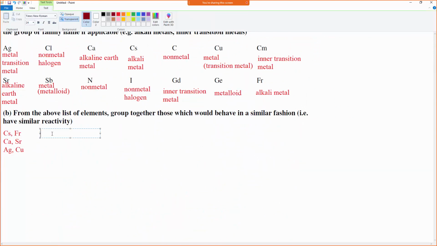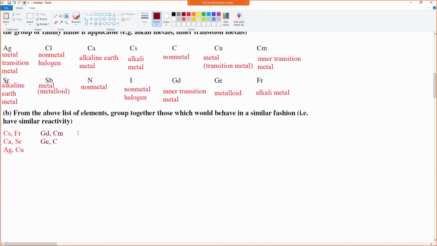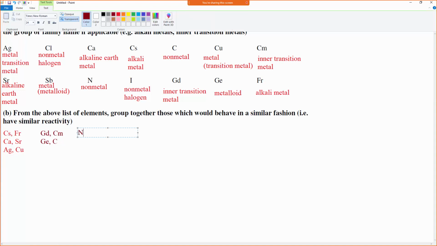Does this make sense? Nitrogen and germanium.